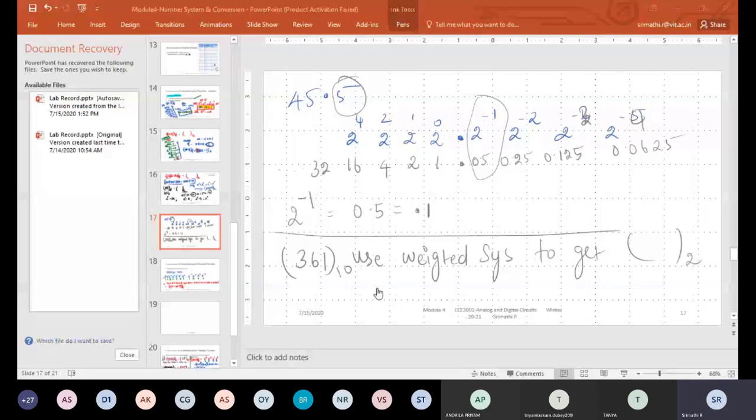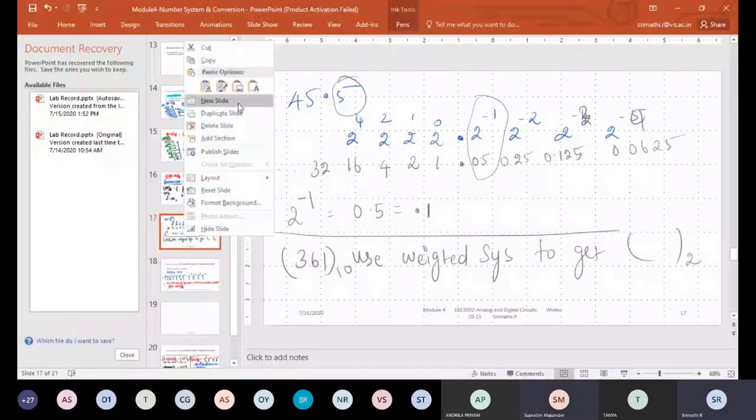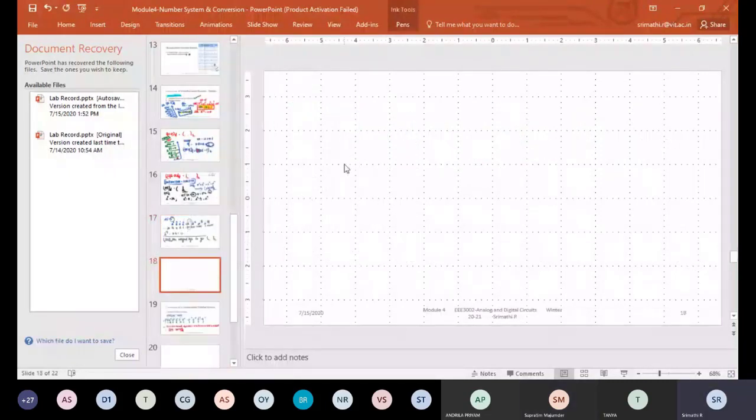Shall I ask anyone to share the screen? Ma'am, I am telling. Ma'am, may I? Use the weighted number system, not repeated division. No repeated division. I'm asking you to use weighted number system, guys.